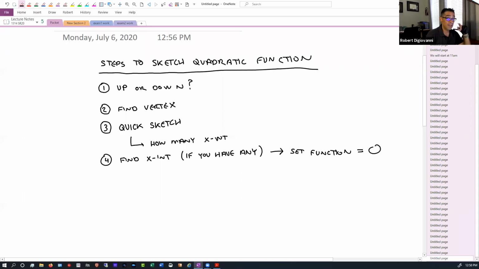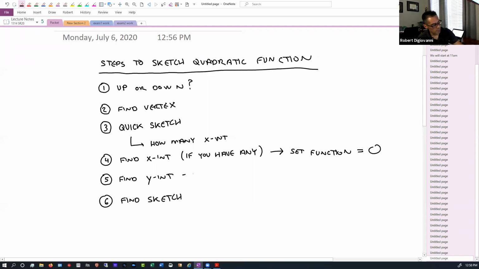That means you're going to be setting the quadratic equal to 0, which means you'll be solving a quadratic equation, which is what we just finished doing. So the whole reason we were doing the previous section is so that we could do step 4 of this process. And step 5 will be to find the Y-intercept. And step 6 will be to do a final graph, a final sketch.